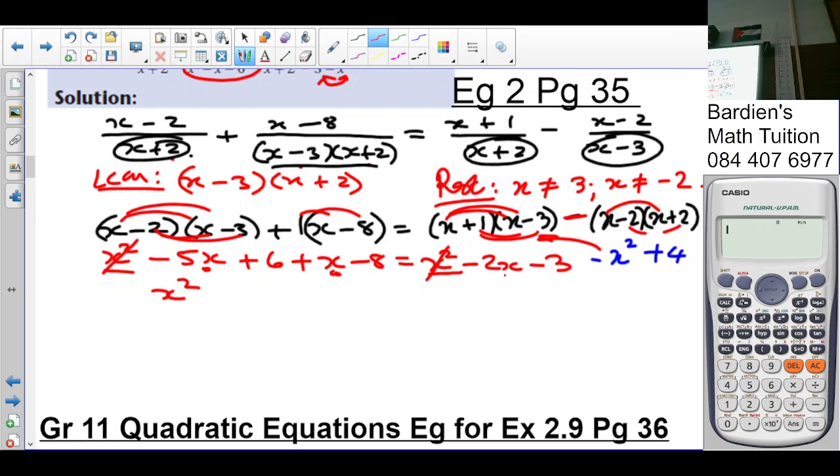Negative 4x plus 2x. Negative 2x. You all okay with that, people? Alright. Then what is 6 minus 8? Negative 2. Now you bring that negative 3 over, becomes positive 3. So negative 2 plus 3. 1 and 1 plus 4.